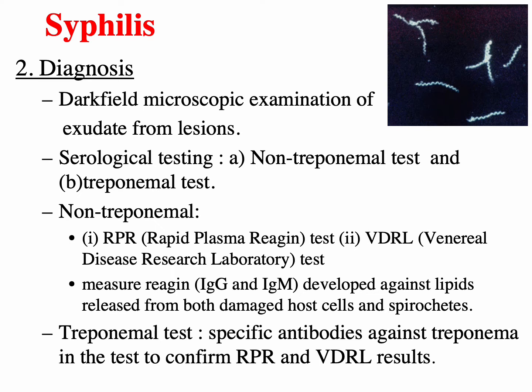There are two such tests, the VDRL and the RPR, which are based on measuring the two antibodies. Then you can also go for a more specific treponemal test, which detects specific antibody against the spirochete, to confirm the RPR or VDRL test.